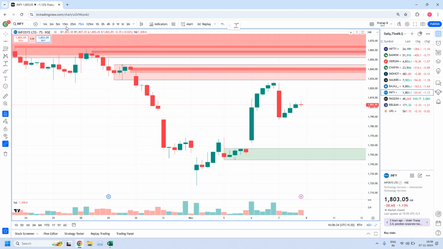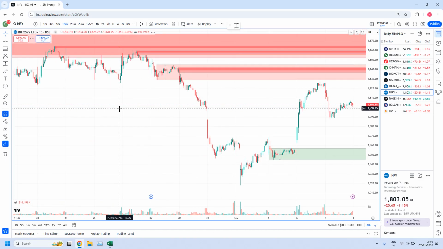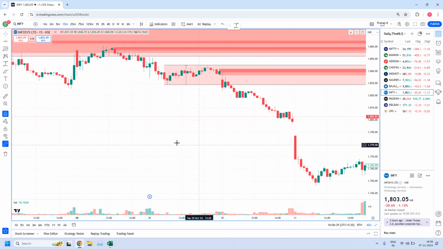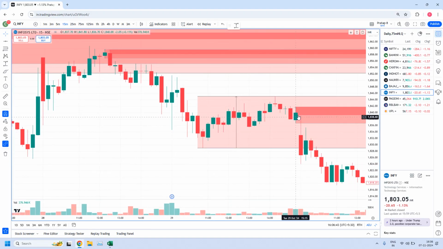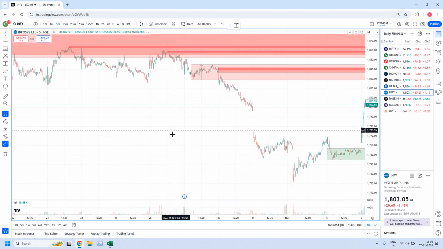And this 75 minute zone is fine tuned with the 15 minutes time frame, and there I found an order flow. We have a drop, base, and a drop, base, drop. This is the 15 minutes fine tuned zone. Inside this 15 minutes fine tuned zone, we have a 5 minute zone.